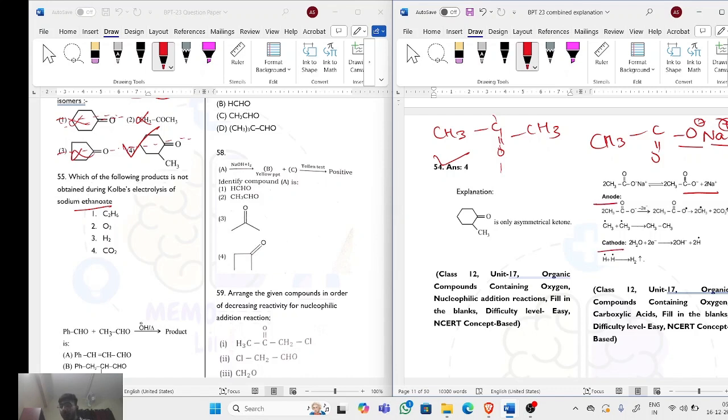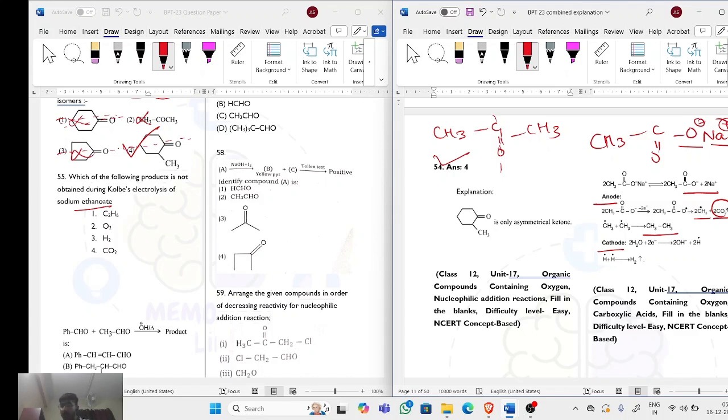First of all, at the anode we have CH3COO minus. After losing one electron it forms CH3COO radical, and then further it forms CH3 radical, and CO2 gas will be released. Then these CH3 radicals will join and form ethane.